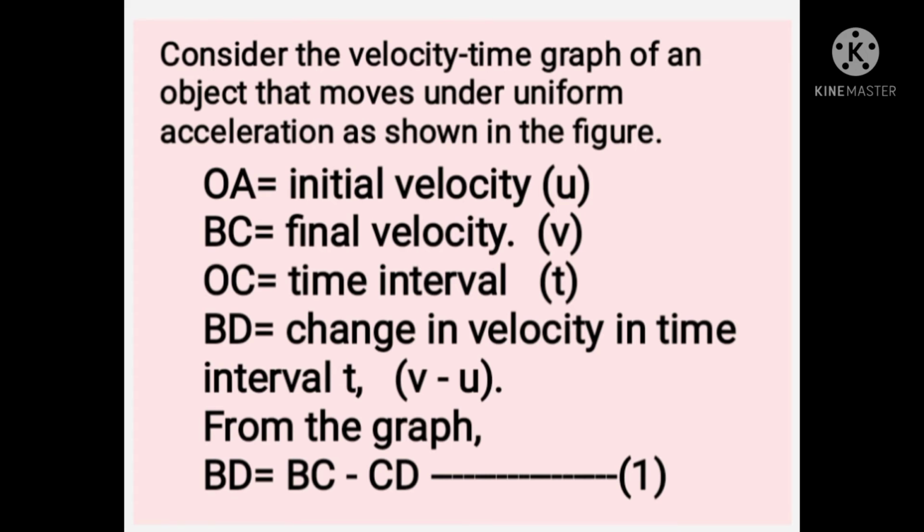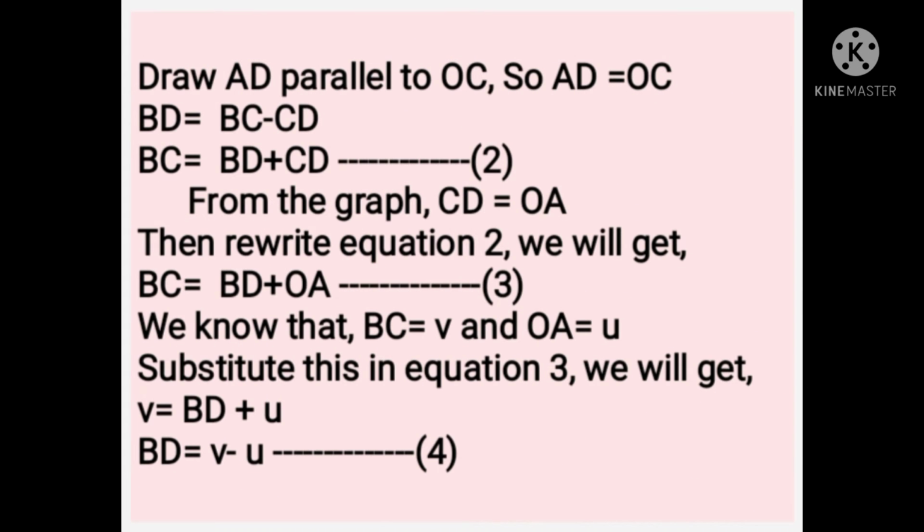Consider the velocity time graph of an object that moves under uniform acceleration as shown in the figure. Again, OA equals initial velocity, BC equals final velocity, OC equals time interval, and also BD equals the change in velocity in time interval t, that is represented by v minus u. From the graph, BD equals BC minus CD. So this is the change in velocity. From the graph, AD is parallel to OC. So AD equals OC because they are the same length.